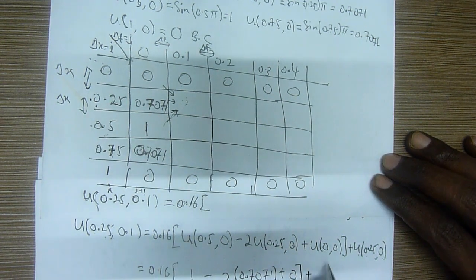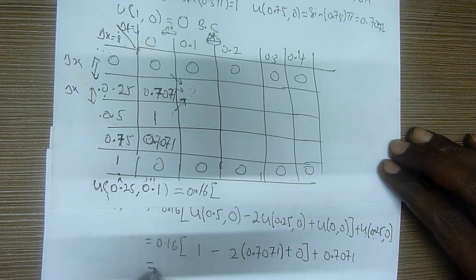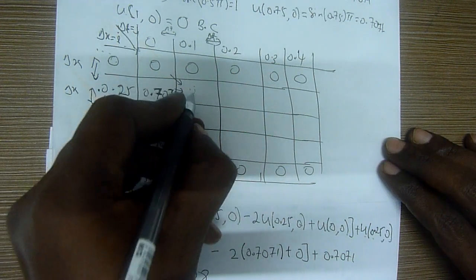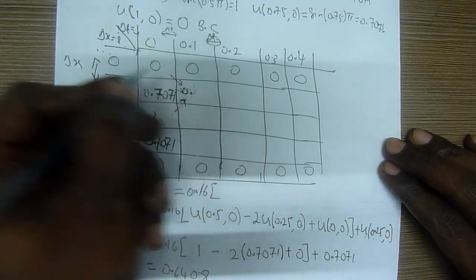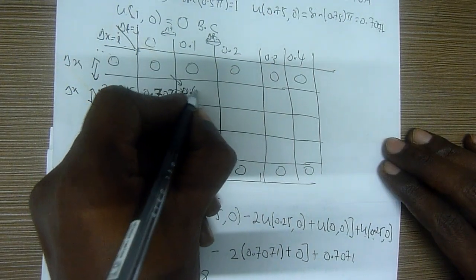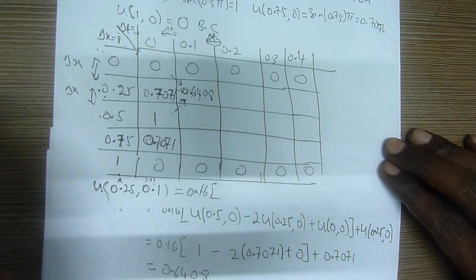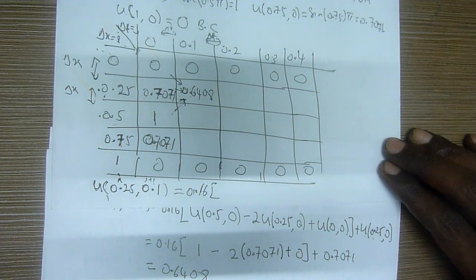We are pulling these results here, 0.71. Altogether you get a solution of 0.6408. Can you see that? This is 0.6408.